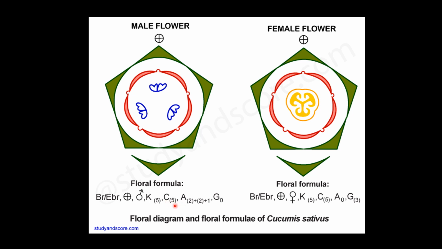Corolla consists of 5 petals in gamopetalous condition, showing hair, right? Here the androecium is 2 plus 2 plus 1, right? 5 androecium in different ones. But in female flowers the androecium is 0, and in male flowers the gynoecium is 0. In female flowers the gynoecium is trilocular, syncarpous, and the ovary is inferior.